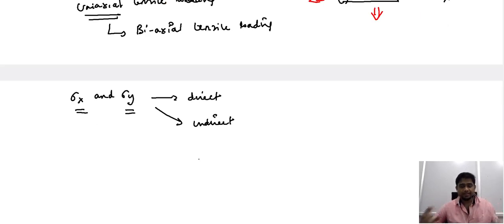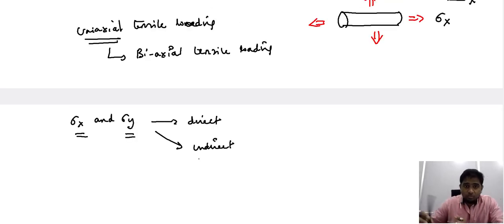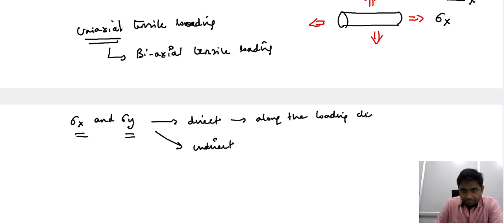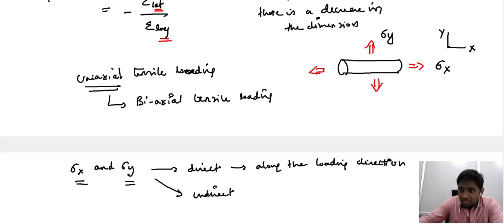One way of characterizing the direct response is that it is along the loading direction. When we are applying sigma x along the longitudinal direction, the direct response is along the same direction.